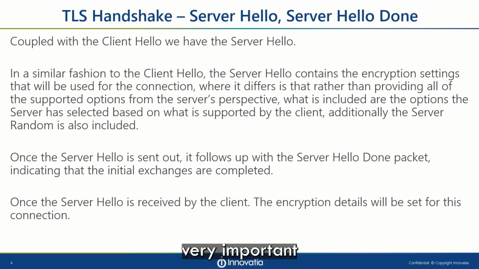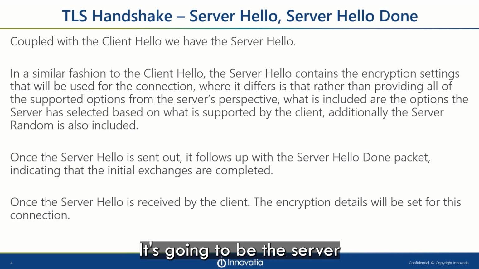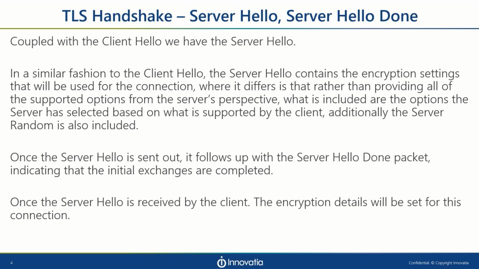One other very important piece of information contained within the server hello is the server random, which is a counterpart to the client random. It is again a very large random number, and this server random is sent back to the client.